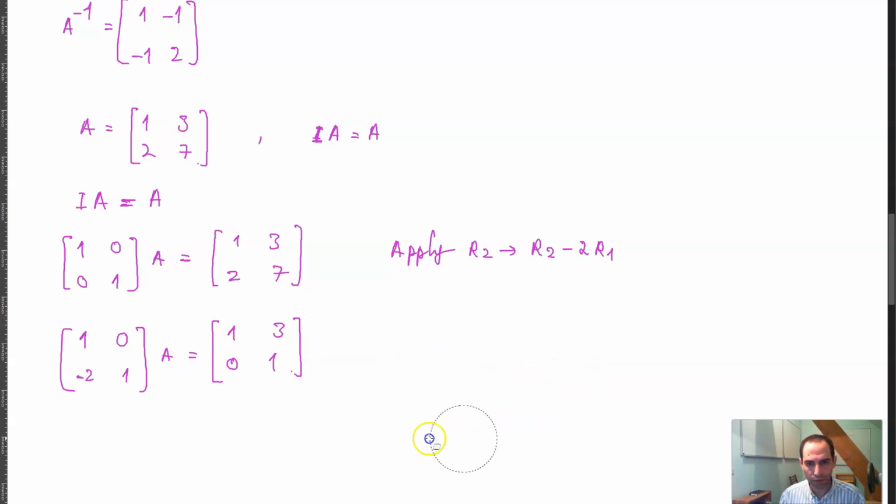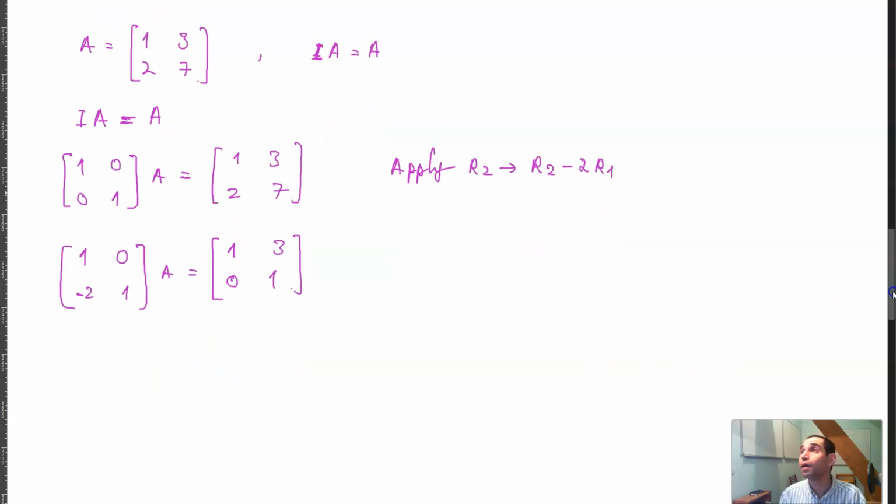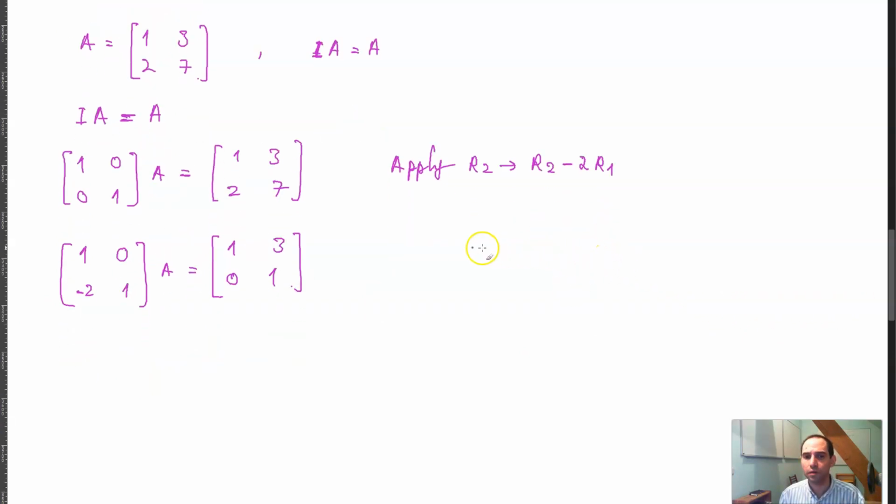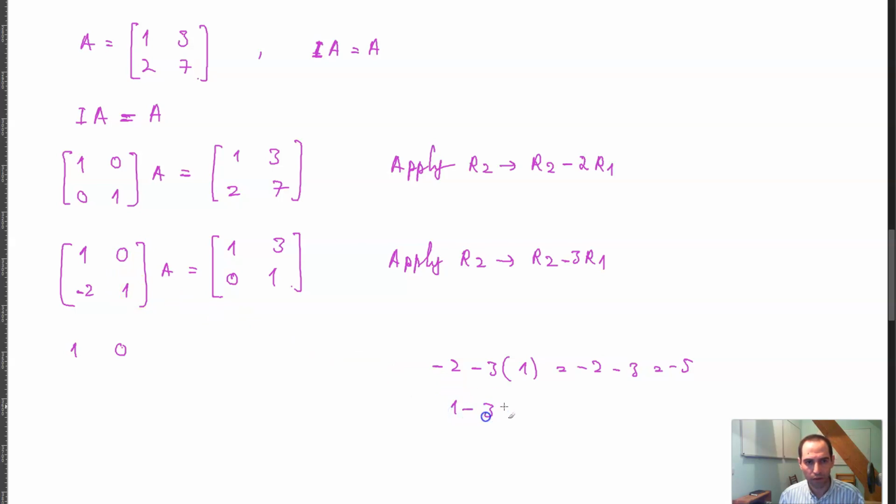And then what I will do is apply R2 becomes R2 minus 3 times R1, which means that R1 remains the same, so 1, 0, and then this becomes, for example, negative 2 minus 3 times 1, which is negative 2, negative 3, which is equal to negative 5, and this becomes 1 minus 3 times 0, which is equal to 1.